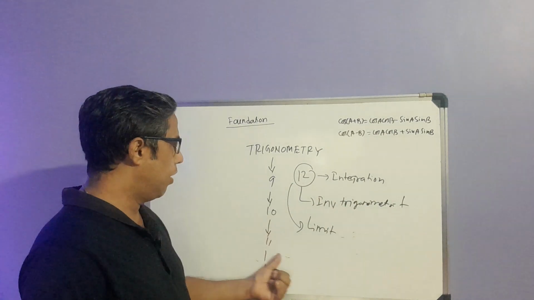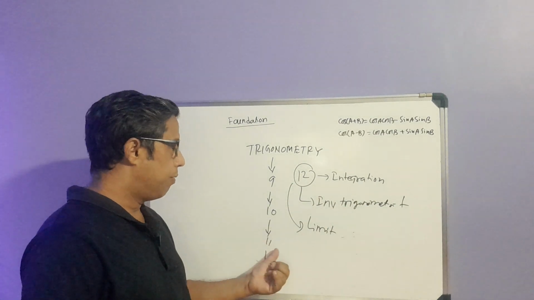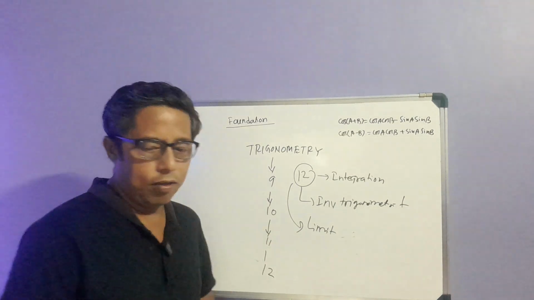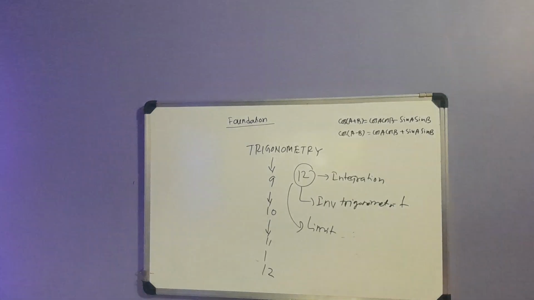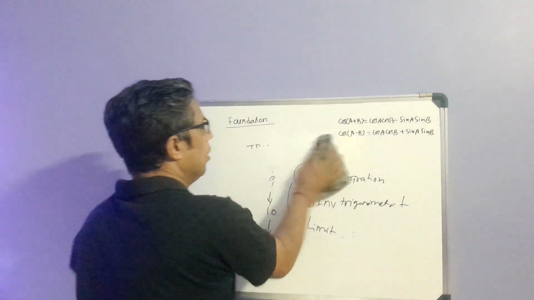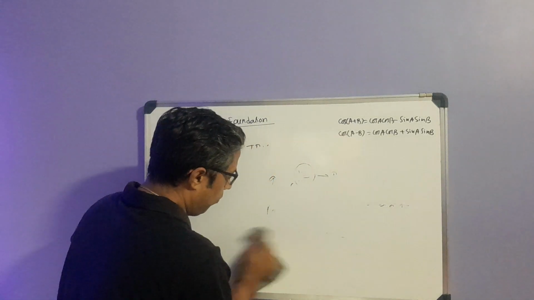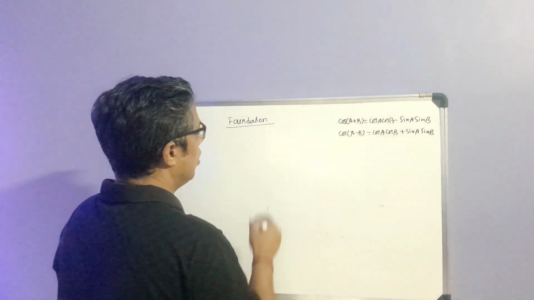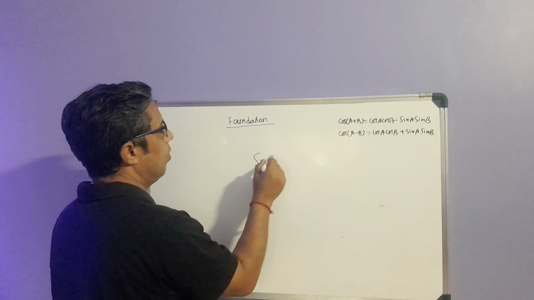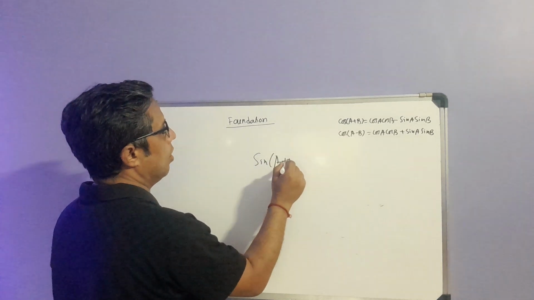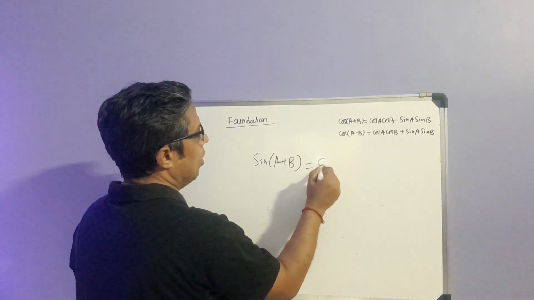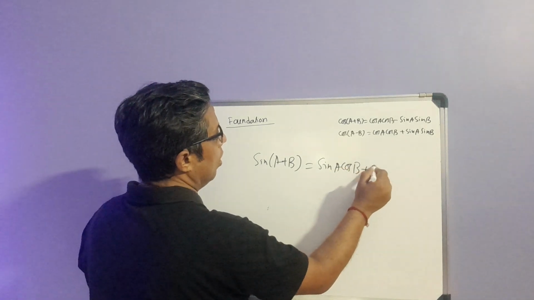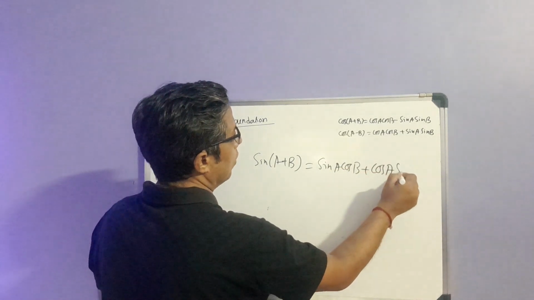In class 11 we have 5 to 7 chapters on trigonometry. This is a vast area, but it is not a matter of challenge. Only two formulas, and from there we can build the rest of the things. What are the formulas? First one: sine of a plus b is sine a cos b plus cos a sine b.